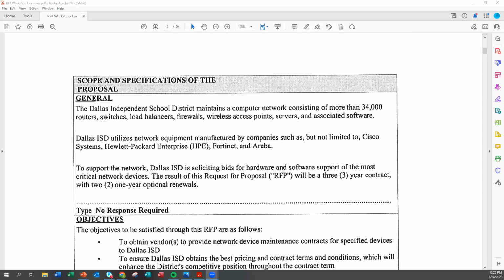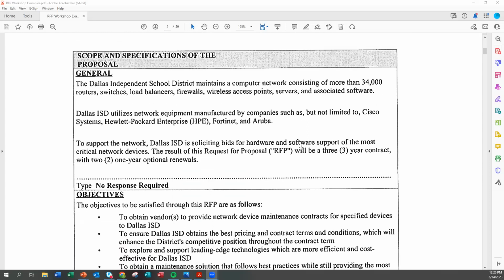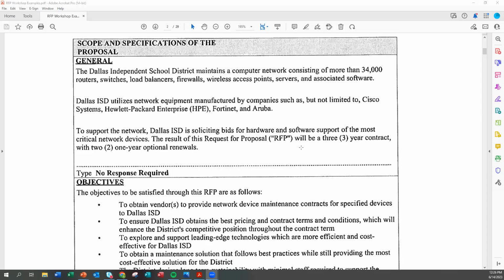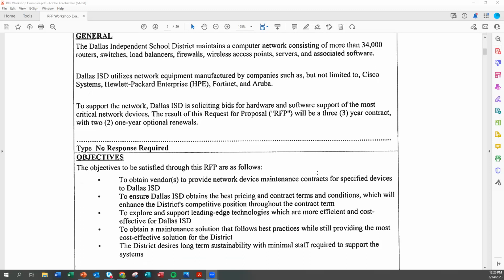So they're explaining to potential responders that we have 34,000 routers, and so on. I'm not going to read each thing word for word. And Dallas ISD utilizes network equipment manufactured by companies such as, but not limited to, and then they go on to list the companies. To support the network, Dallas ISD is soliciting bids for hardware and software.